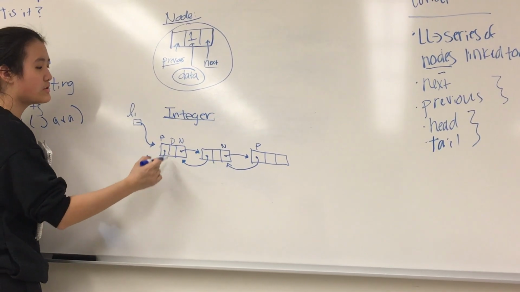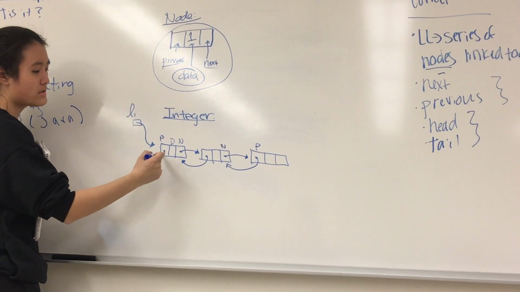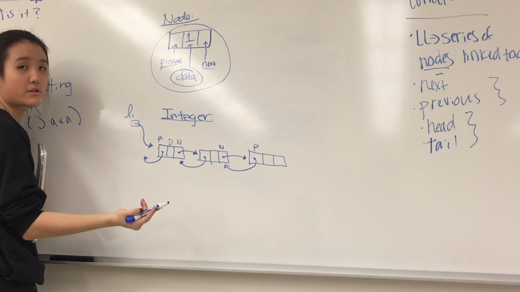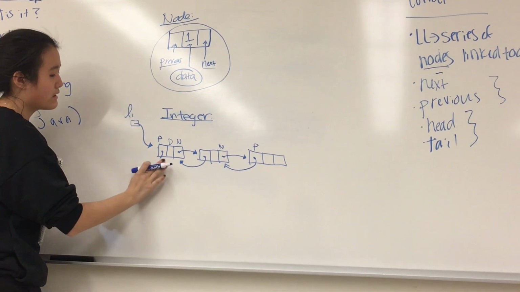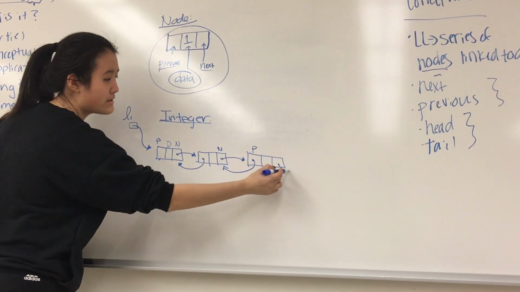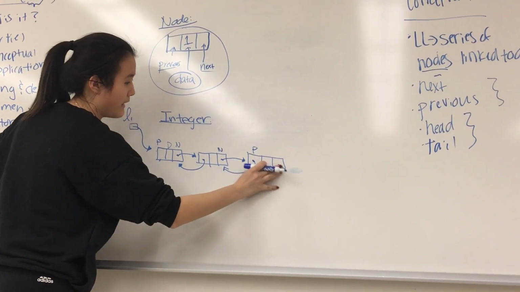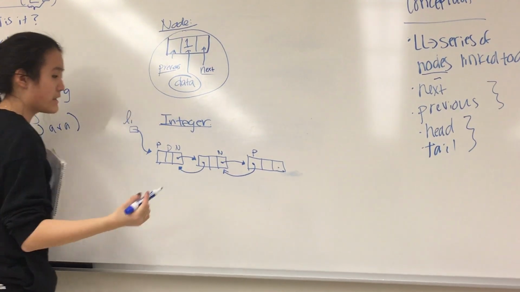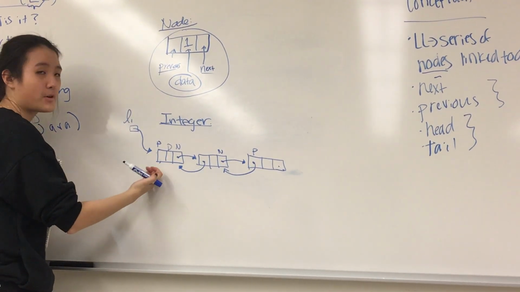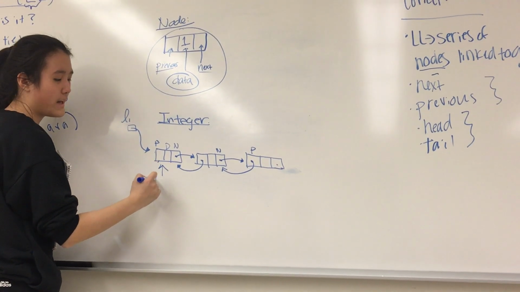But if you were to do the first node dot previous, it would just return null because there's nothing there. And if you were to have done last node dot next, it would also be null. And this part comes in pretty handy. Instead of calling it the first node and the last node, we're going to call this the head.